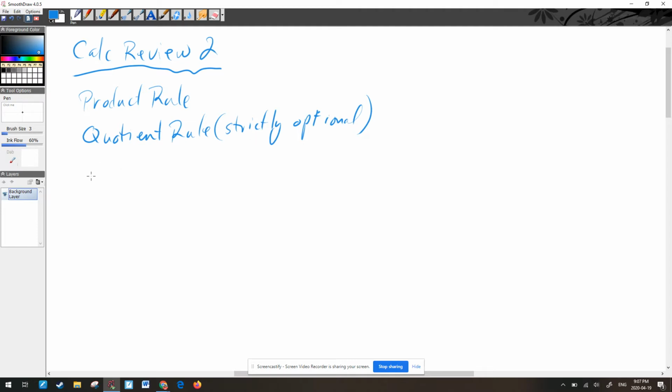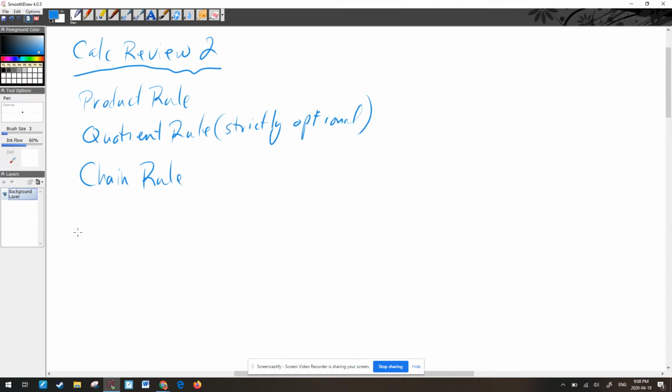And then there's other ones like the power of a function rule, but the other big one, of course, is going to be chain rule. Those are the biggies that we need to know how to do. So the product rule, quotient rule, I'm not even going to talk about it, or maybe I'll do an example of it. But the chain rule is kind of the 800-pound gorilla because we do that one a lot.